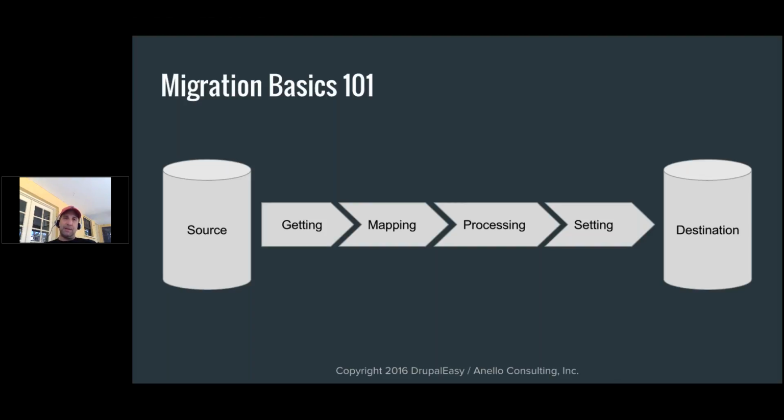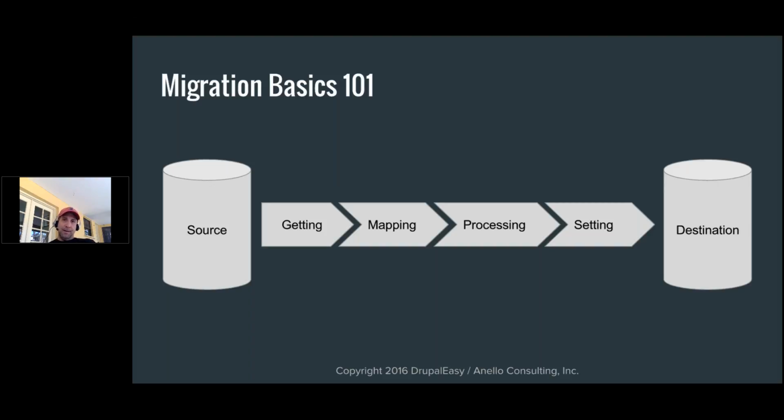Maybe in the process, we need to massage the data, and that's where we would process the data. So we get a piece of data from the source database, and maybe we need to massage it a little bit in order for it to fit the new format that's in the destination database. And once we process it, then we can set it, meaning there's some operation we perform that saves that piece of data to the destination database.